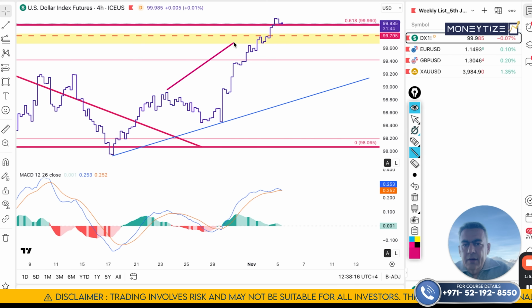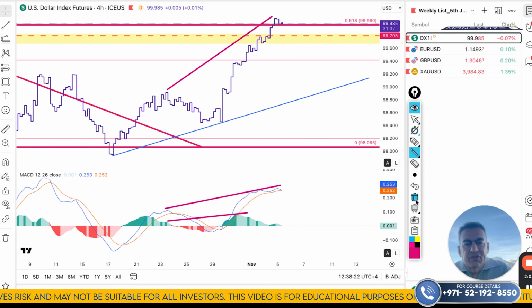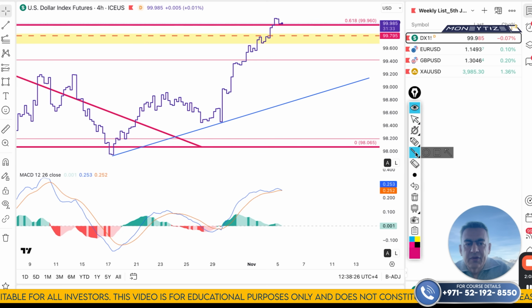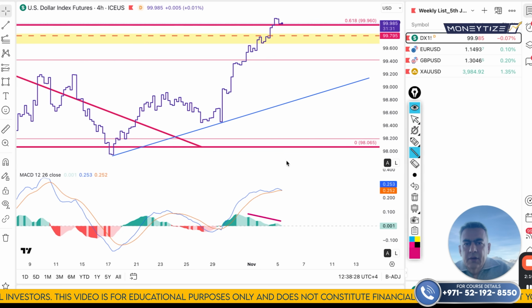I can see a higher high pattern being formed on the MACD histogram, and a higher high pattern followed on the MACD lines as well, which means there could be a short-term pullback currently because I can see loss of momentum here. So we can expect some short-term pullback, but the drop should be taken as an opportunity to buy. So the pattern remains bullish here, even on the 4-hourly frame.